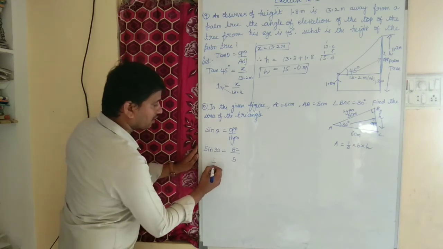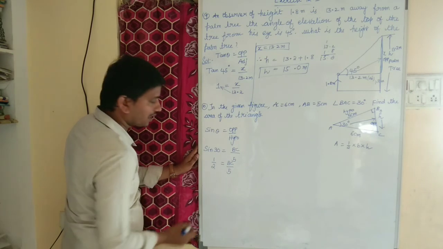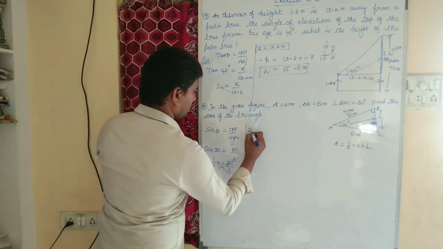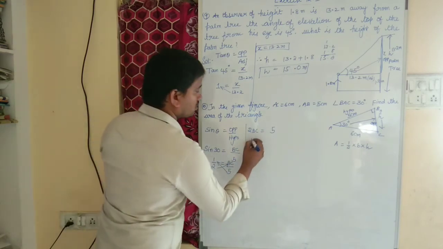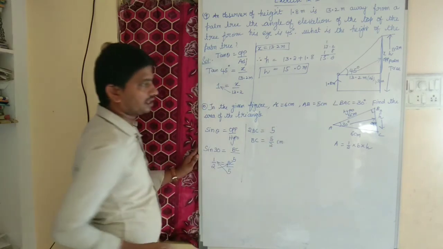Sin 30 value is 1 by 2, equal to BC by 5. So cross multiplication: 2 into BC, 2BC equals 1 into 5, 5. So what is the value of BC? BC equals 5 by 2 centimeters.